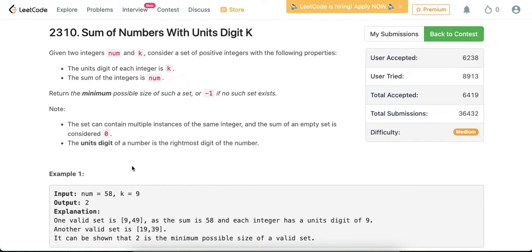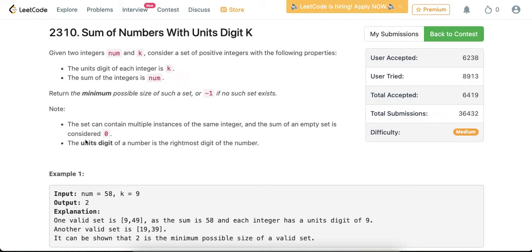Okay, here are some notes. The set can contain multiple instances of the same integer. So let's say k is 9, we can have all elements equal to 9. And the sum of an empty set is considered 0.